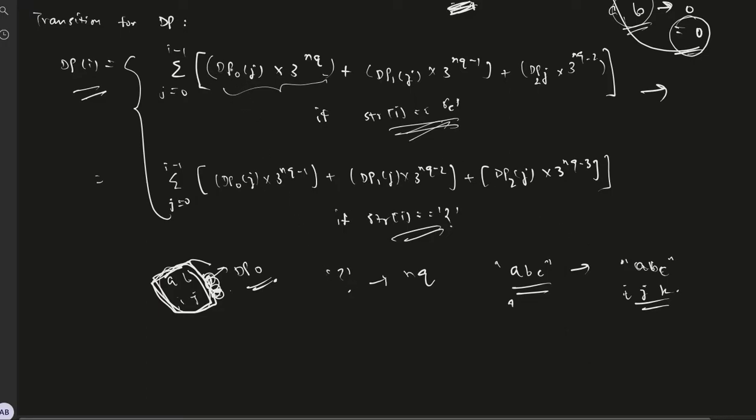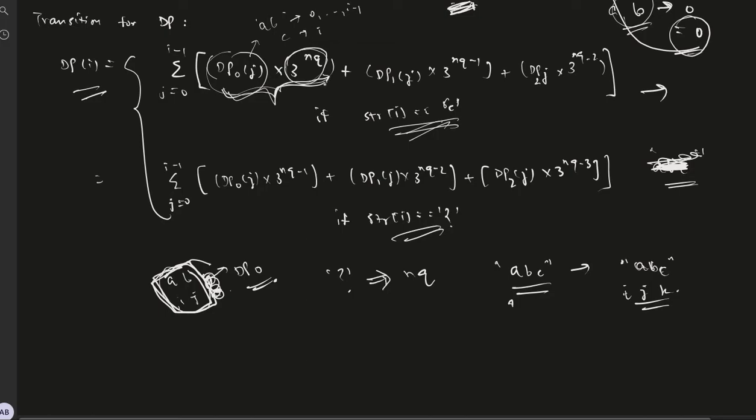So from this we calculate the number of ways to get AB organically from the indices 0 to I minus 1, and C is of course the ith character, so we are picking that by default, and 3 par NQ is the number of strings which will give us this particular ABC subsequence ending at I with zero question marks being substituted.